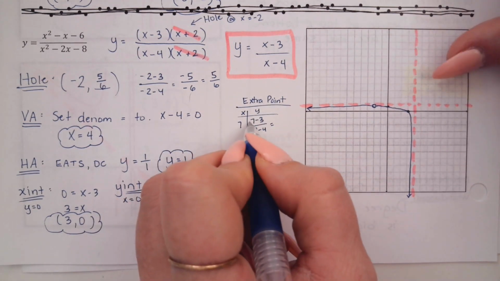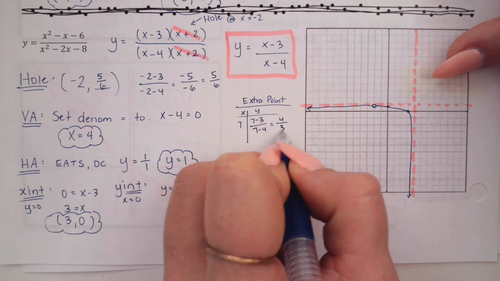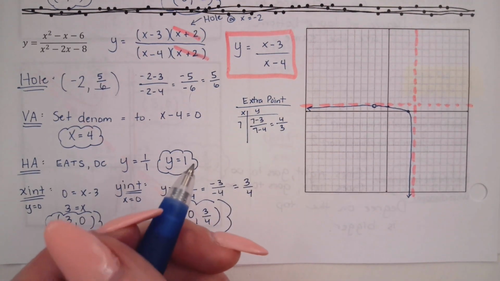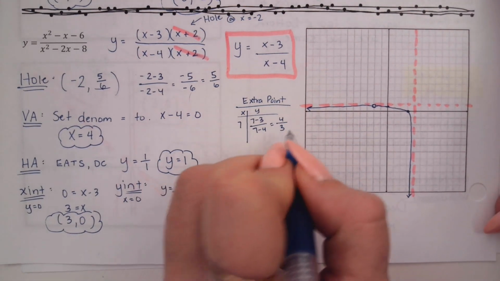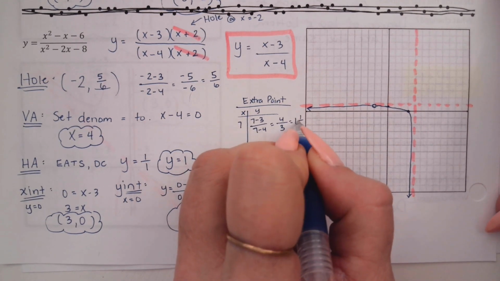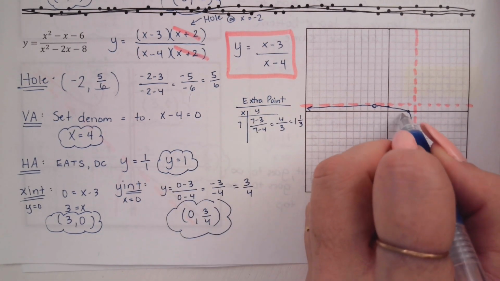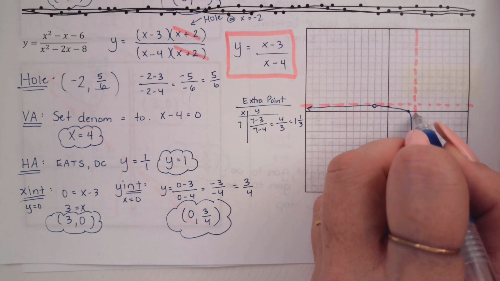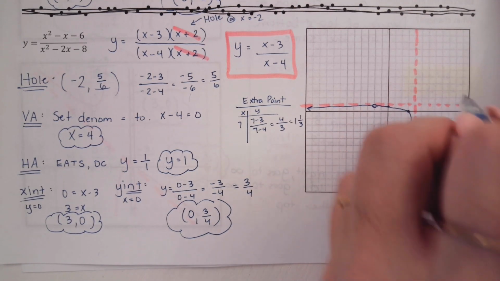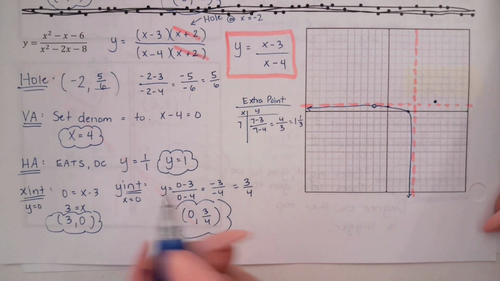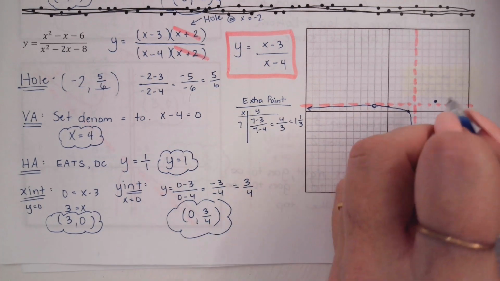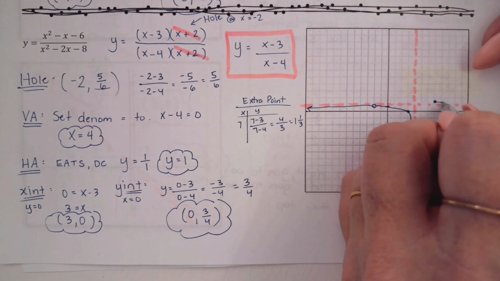So that's 4 over 3, 1 1/3. So 1, 2, 3, 4, 5, 6, 7, 1 1/3. We have a point. We're going to use that 1 point to graph that branch.